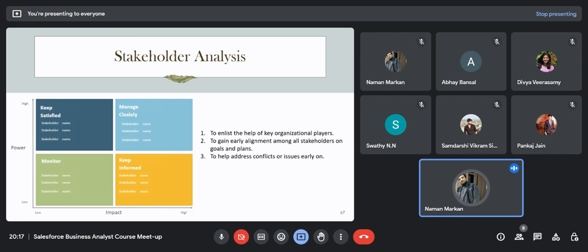these are the particular people who have an understanding about the project, and they will give us a requirement. To gain early alignment with all the people on the stakeholder side, we have to make sure that stakeholder analysis is done, because this will help you determine which people are going to be involved in your project, and you will then be able to bring those people together, might be in your early stage meetings, or might be after the start of your project.